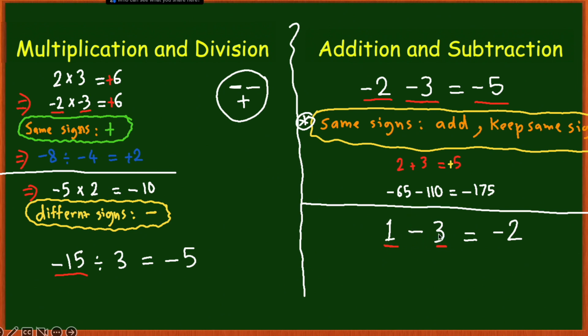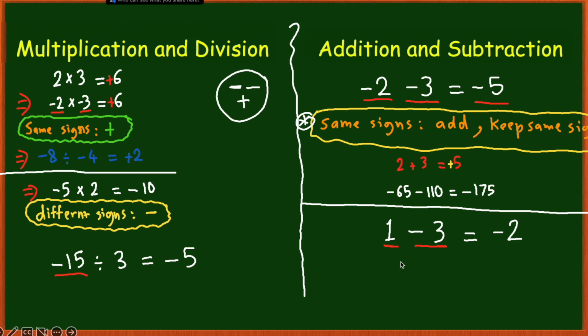Which one is greater, 3 or 1? 3 is greater, right? Now what's the sign of 3? It's a negative number, right? So definitely the answer will have a negative sign, because the greater number has a negative sign.